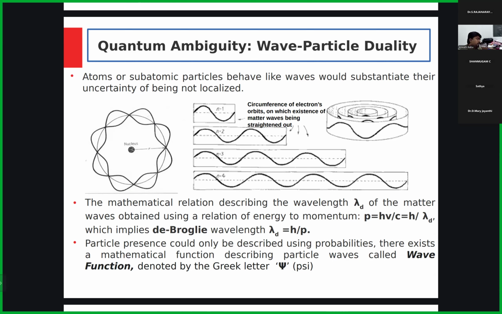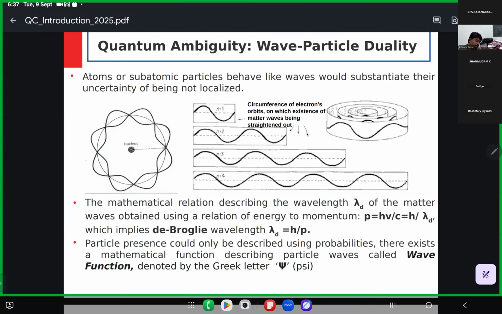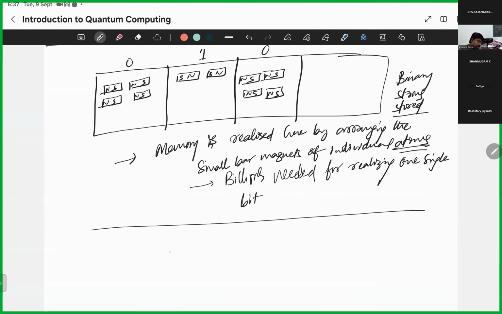Which means I can say the electron is so small, it is going to show a wave nature, because de Broglie gave a wavelength connection to the size of the particle and its velocity as lambda equals h by mv.